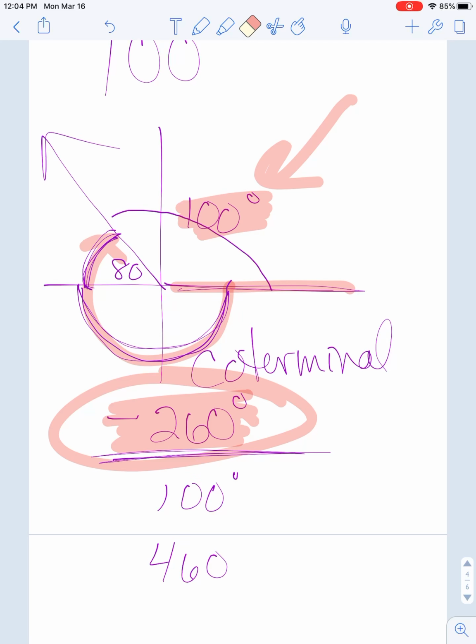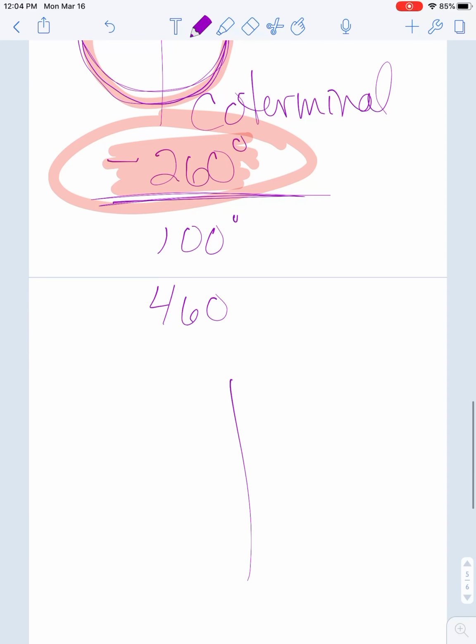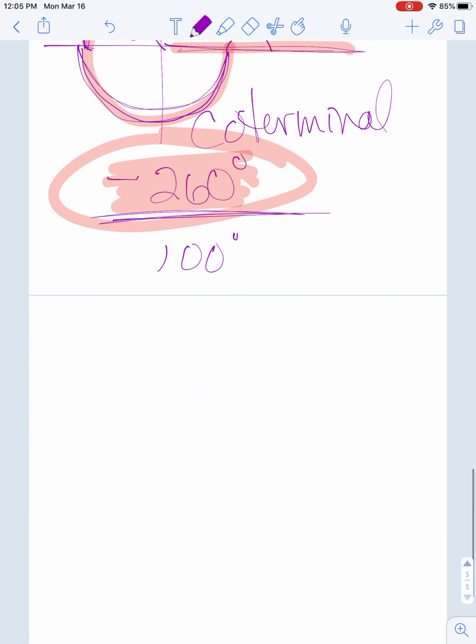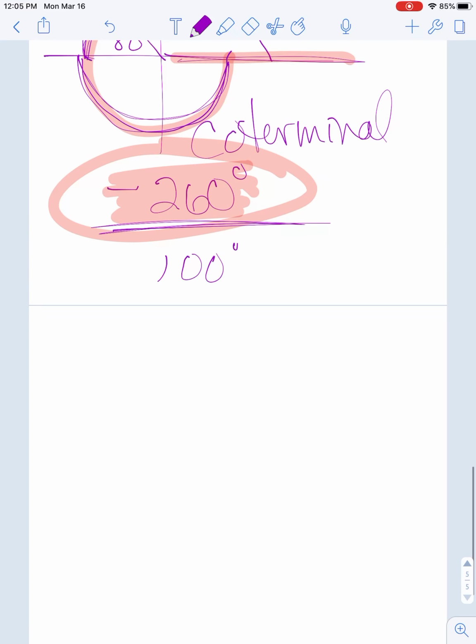We really only care about angle degrees between 0 and 360, because 0 and 360 gives us our 4 quadrants here, which is what we want with trig. We're always going to be drawing pictures. We're always going to be in the 4 quadrants. Okay? So all of these angles that I'm drawing are considered to be in standard position, which is what we're going to be dealing with all the time.